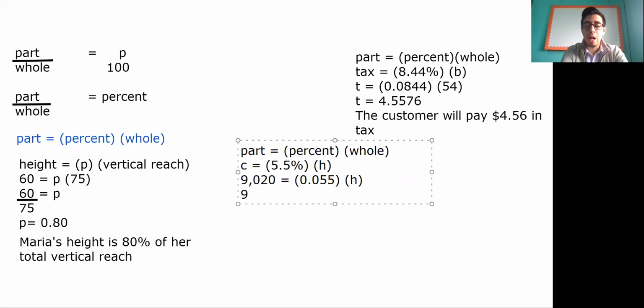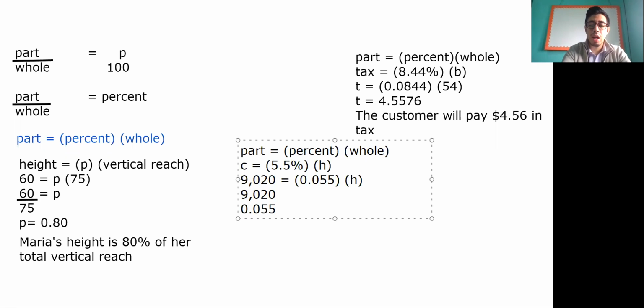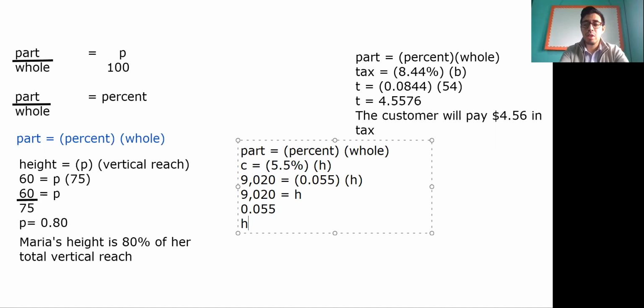So 9,020 is going to be divided by 0.055. This is going to be equal to h. h is the variable I want to find. So what is the value for h? Finally, I have that when I divide 9,020 by 0.055, I obtain that h is 164,000. In what?